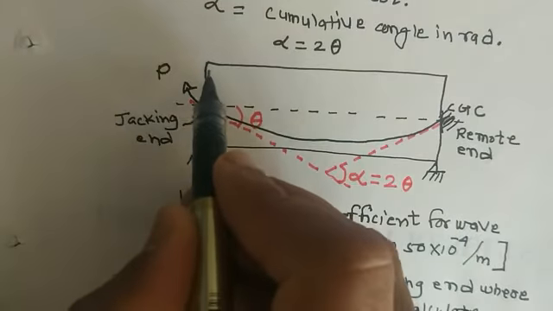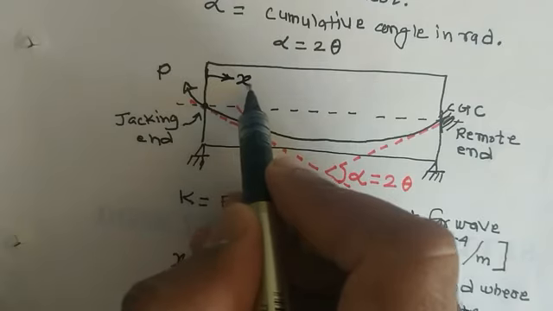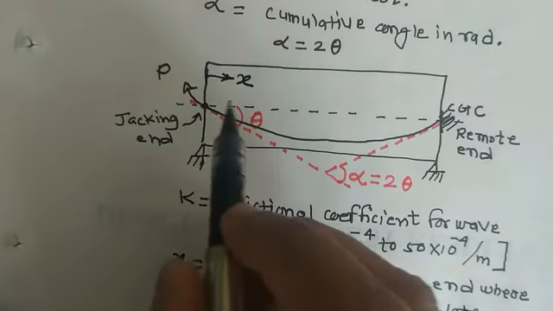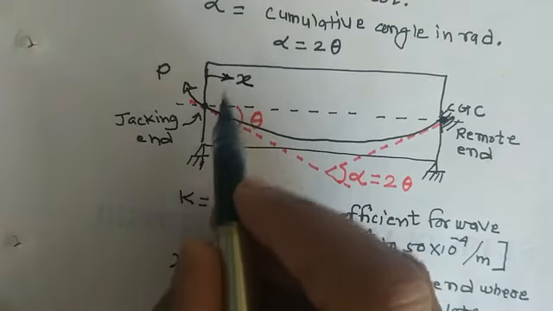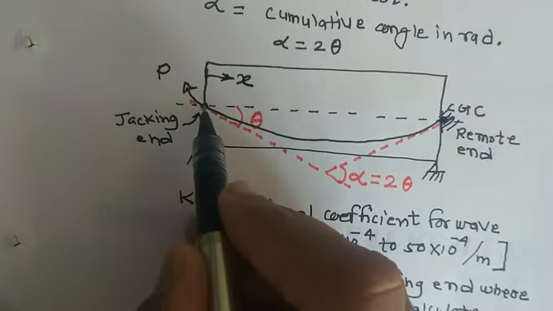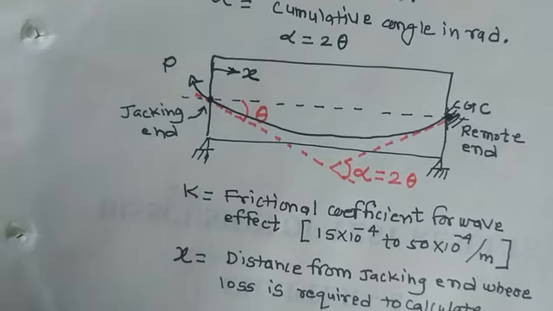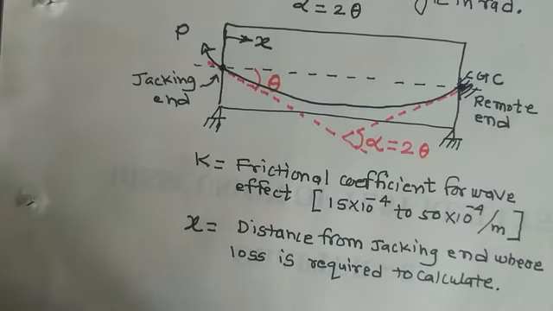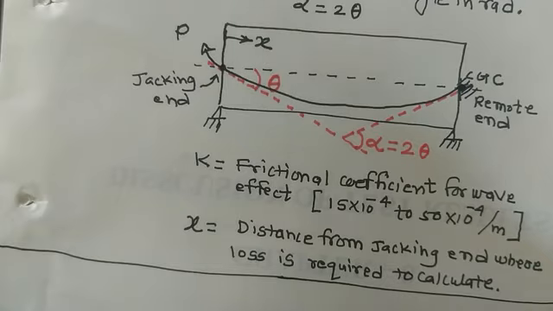Generally, the x is counted from this end. If you want to calculate the loss at this end, the x is the full span of the beam. If you want to calculate the loss at the initial end, x is 0. So this is the theoretical concept of how to find the friction loss.